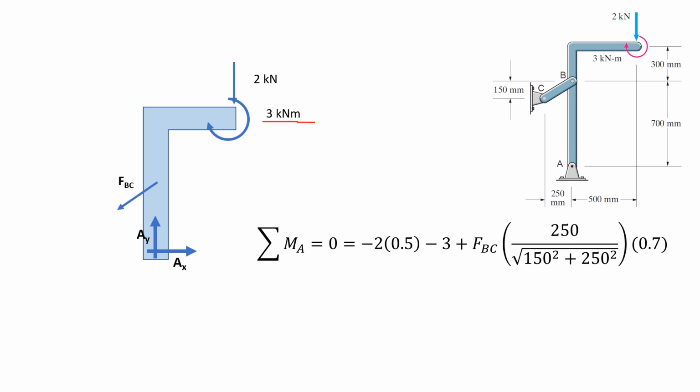The vertical length is 150 and the horizontal length is 250. So this is what I used in obtaining the x component for BC, because the x component of BC is the one that has a moment at A. And then don't forget the distance, 700 or 0.7 meters.